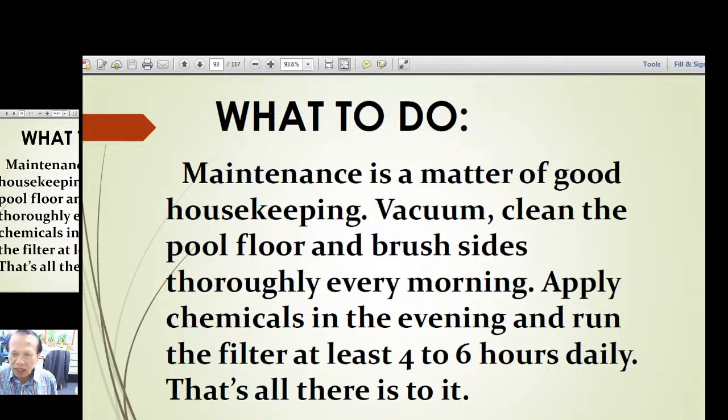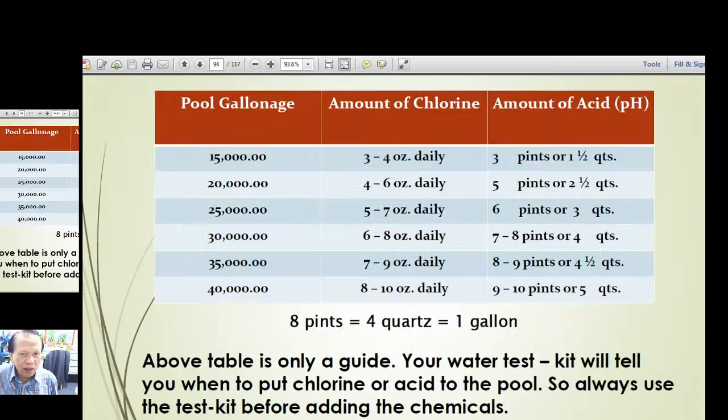looking sparkling clean. Here we have pool gallonage, amount of chlorine and amount of acid. So for the 15,000 gallons, 3 to 4 ounces daily and 3 pints or 1.5 quarts. If it is bigger, 25,000 gallons, here.